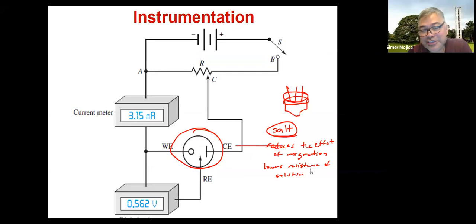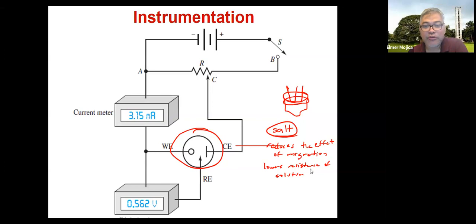The working electrode is the electrode at which your analyte can be oxidized or reduced. The potential between the working electrode and the reference electrode is usually controlled. And the electrolysis current passes between the working electrode and the counter electrode.